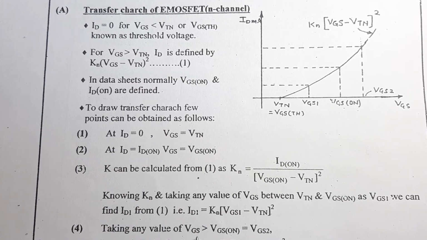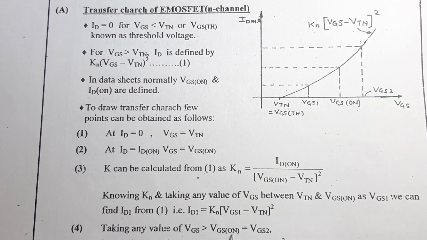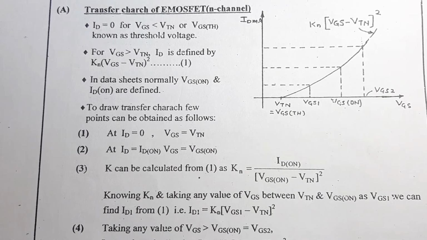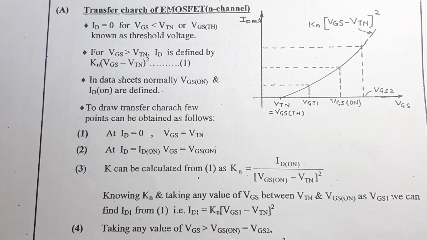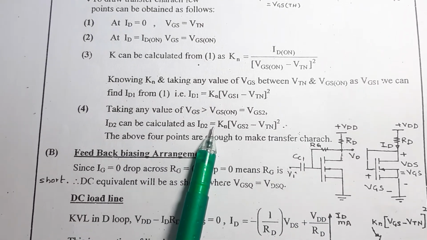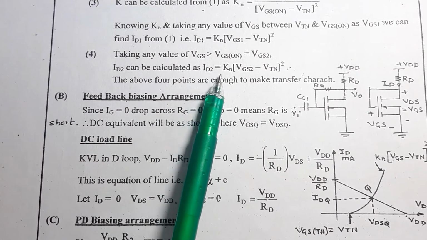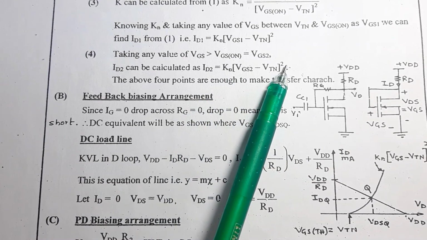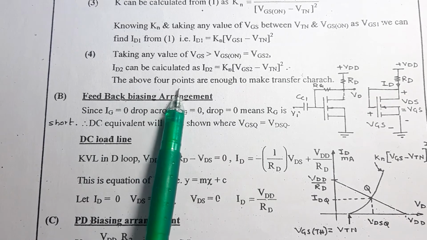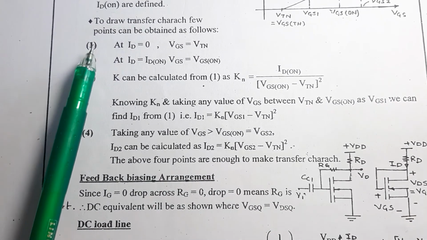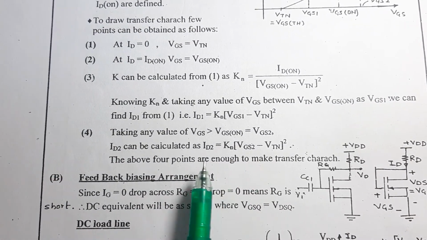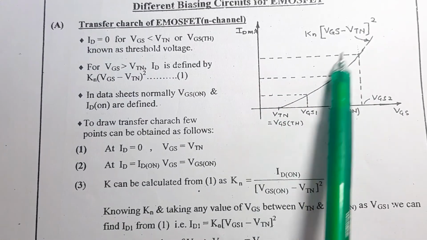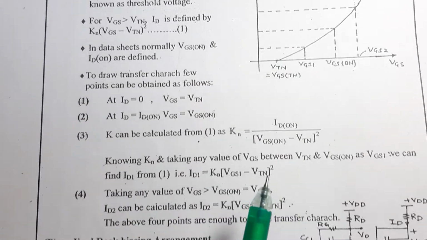Taking any value of VGS greater than VGS on, which is VGS2, a random value, ID2 can be calculated as ID2 equals Kn (VGS2 − VTN)². The above 4 points, from 1 to 4, are enough to make the transfer characteristic. That is the graph being depicted here.